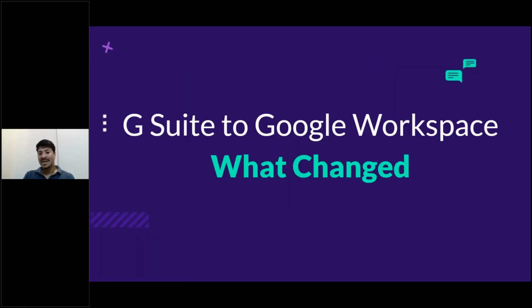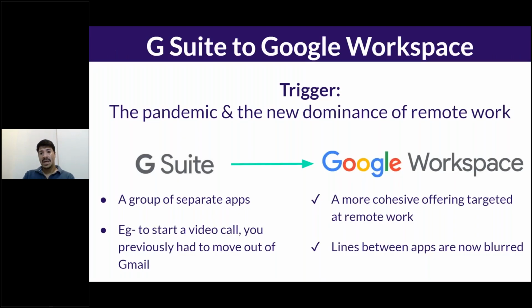So what has actually changed at Google? As most of you already know, the pandemic hit us early, in January, February, which moved us from going to work to actually working from home. That's a very important role that Google is trying to portray by changing the name from G Suite to Google Workspace.